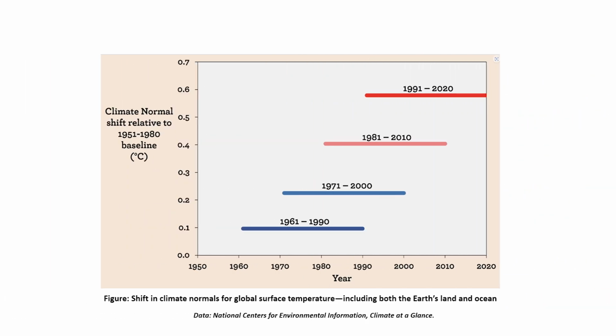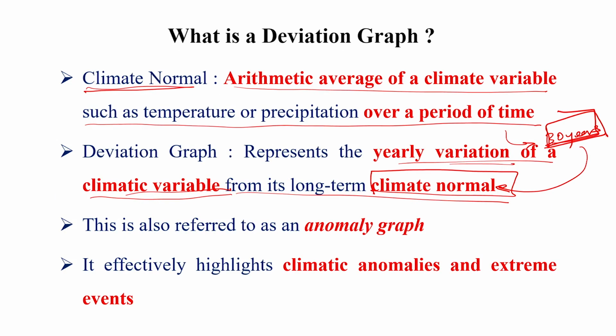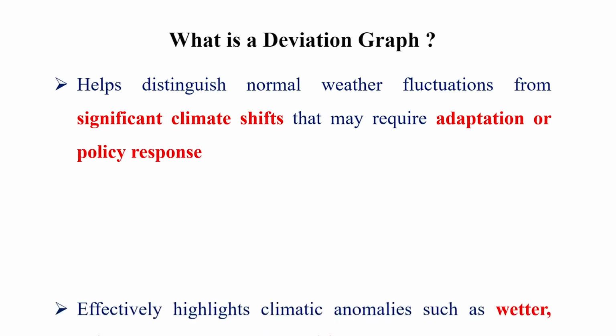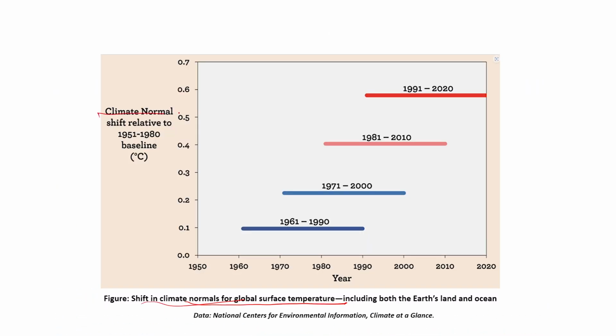So, here we have a graph which shows the shift in normal global surface temperature. We have seen what a climatic normal is, right. So, is this climatic normal even consistent? Even this 30-year average keeps changing year after year. Here we will see how this climatic normal has been shifting from 1951 to the current date.